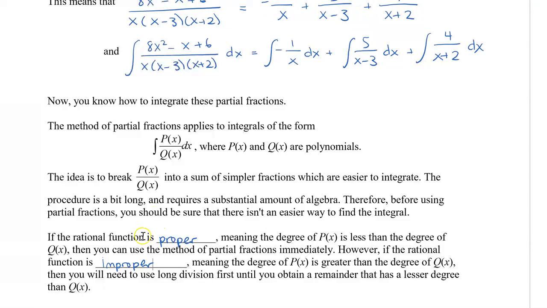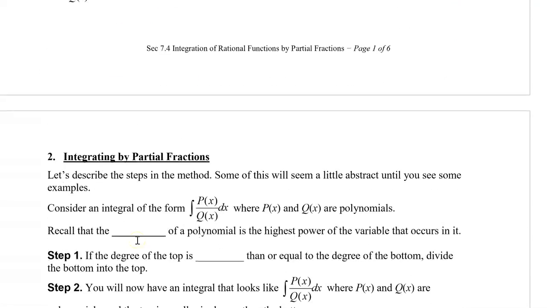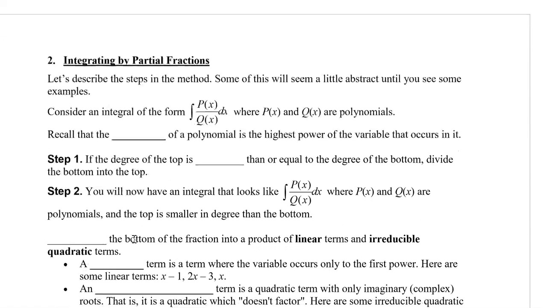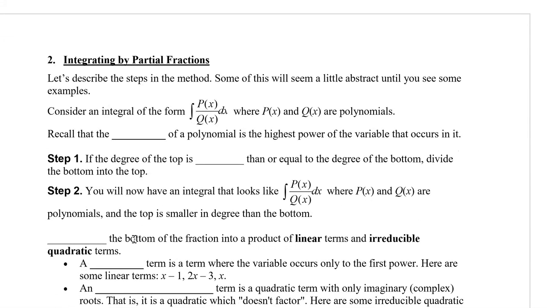Now I'm going to explain the method, and then afterwards I'll show you some examples because you definitely just need to practice. So let's consider an integral of the form p of x divided by q of x dx, where p of x and q of x are polynomials.